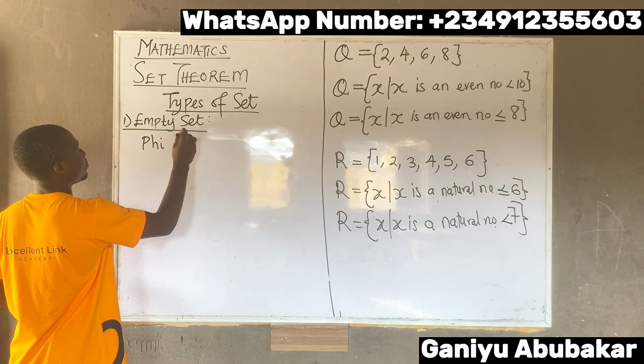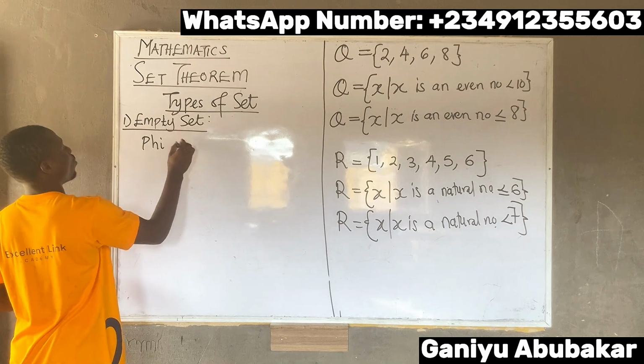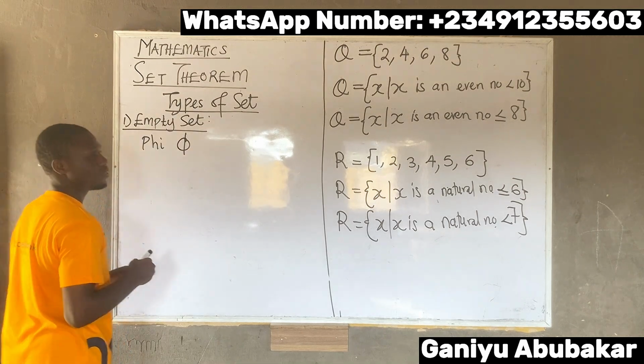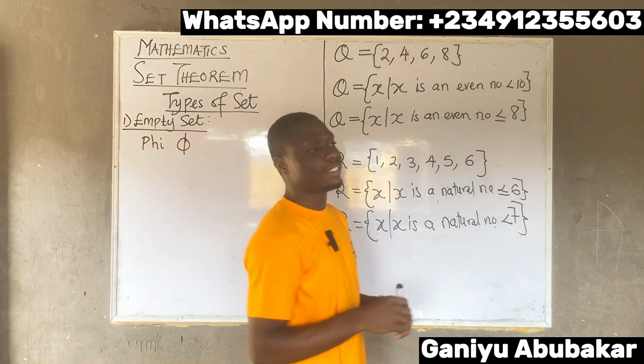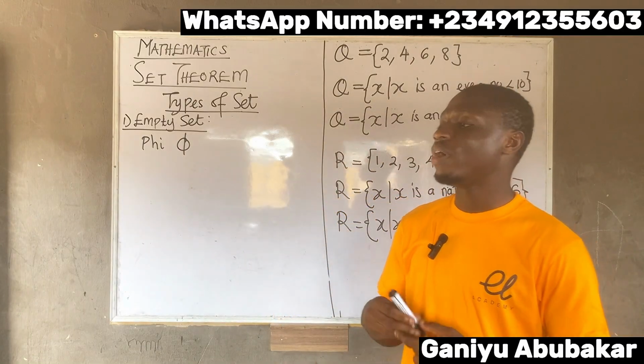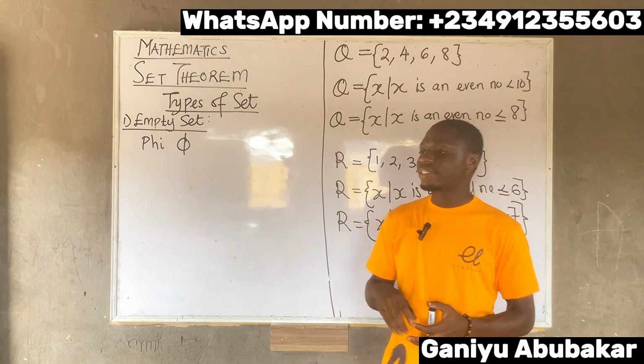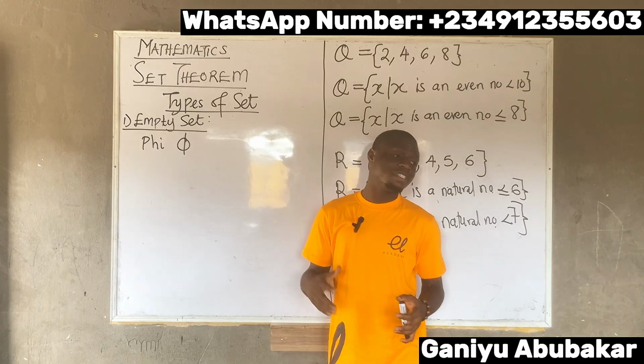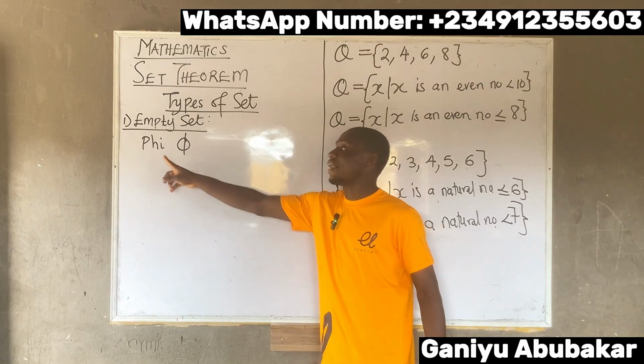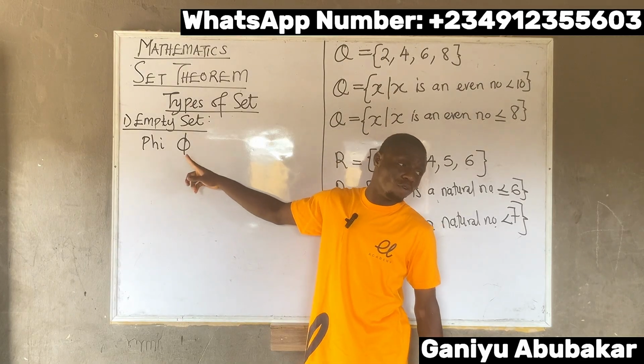This is your phi, yeah? An empty set is simply a set that contains no elements, right? And the symbol for representing an empty set is called phi.